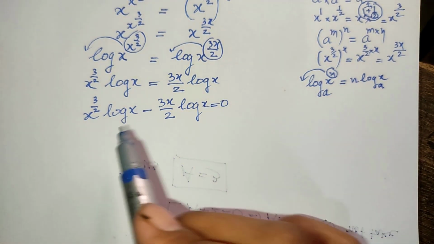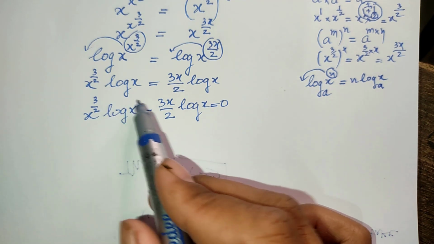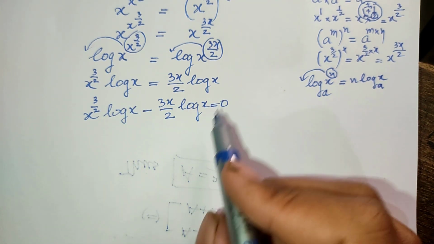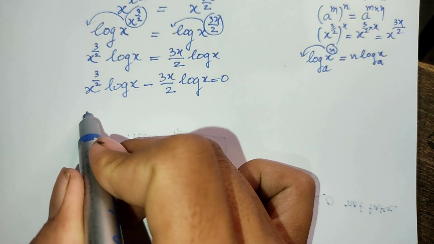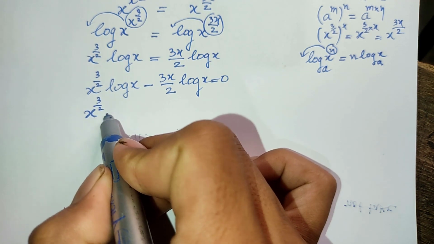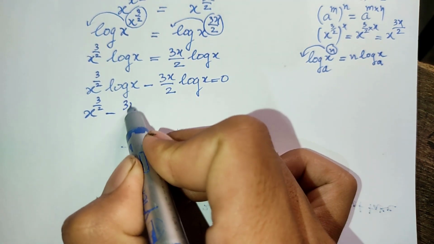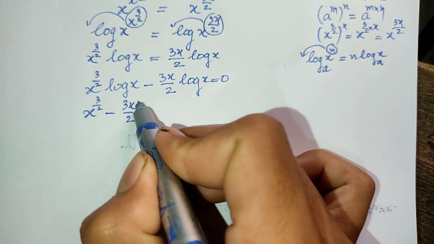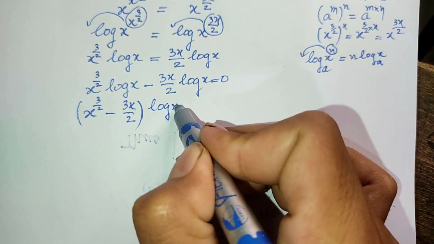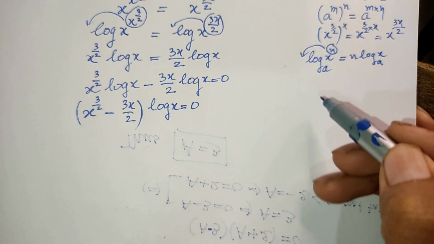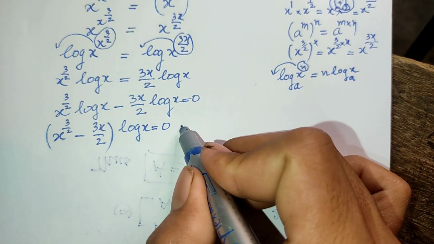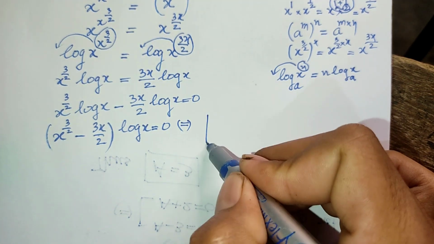And now you see this log of h and this log of h, we can take out as a factor, and it's equal to h power 3 divided by 2 minus 3h divided by 2, multiplied by log of h equals 0.